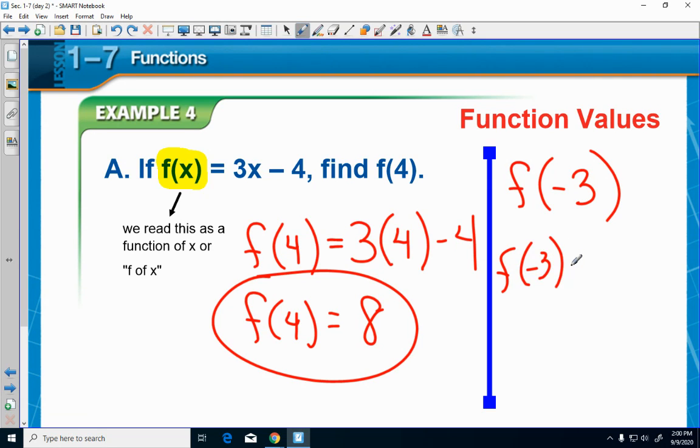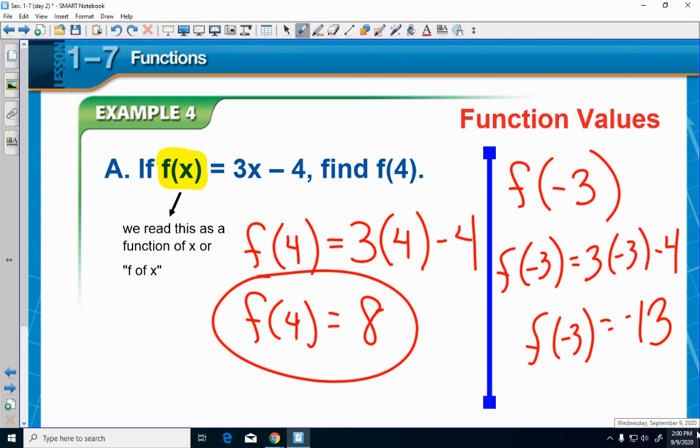F of negative 3 is equal to, and you should be thinking like this. Ruby, what do you got? There you go. So f of negative 3 would be negative 9 minus 4. That'd be negative 13.